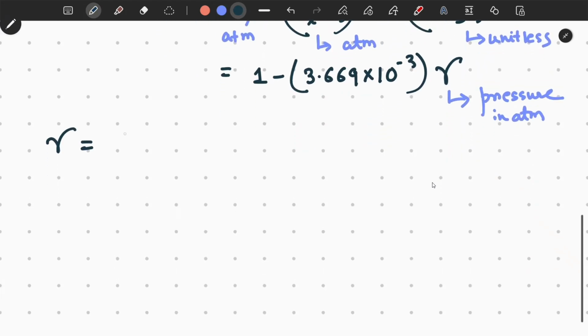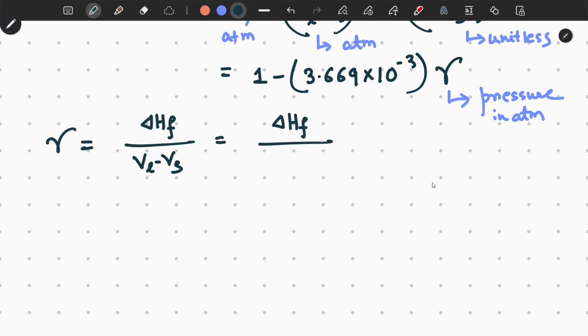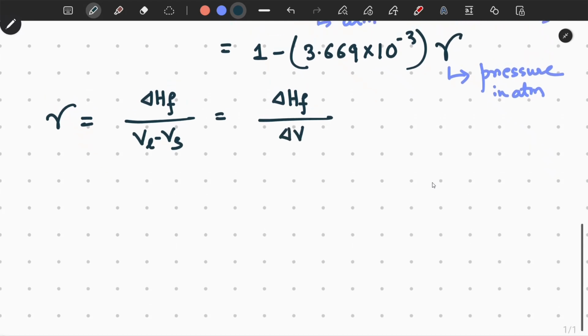This gamma is defined as, okay. So delta HF we know. Yes, delta HF is totally given, but we have to calculate this delta V part. So now delta V, eventually it is VL minus VS. So you can write it.